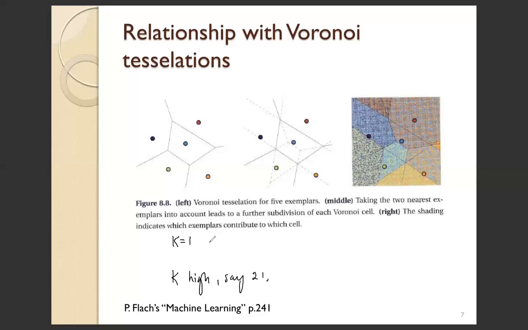Here, if you have k equals 1, your KNN classifier will have the following features. The bias will be low, but the variance will be high. On the other hand, if you set your k to be high, the opposite will occur. The bias will increase, but the variance will drop.